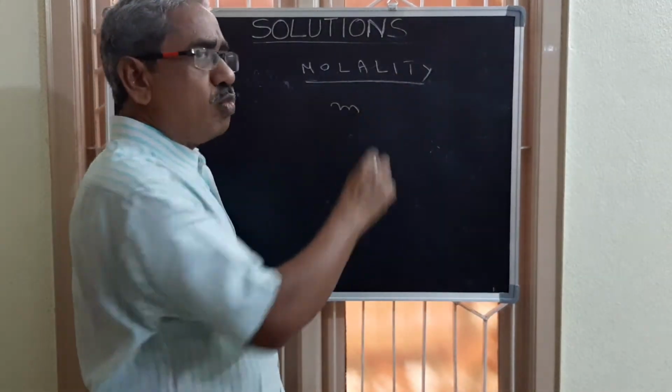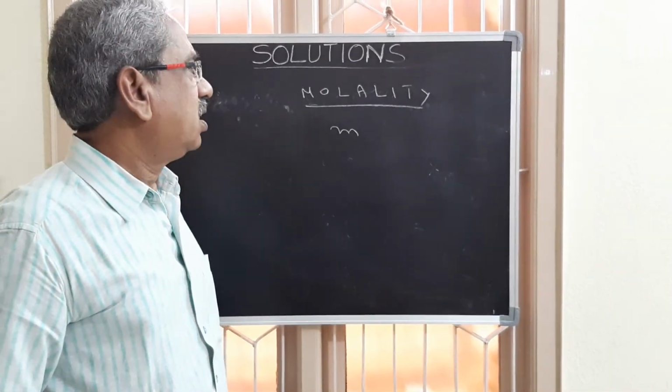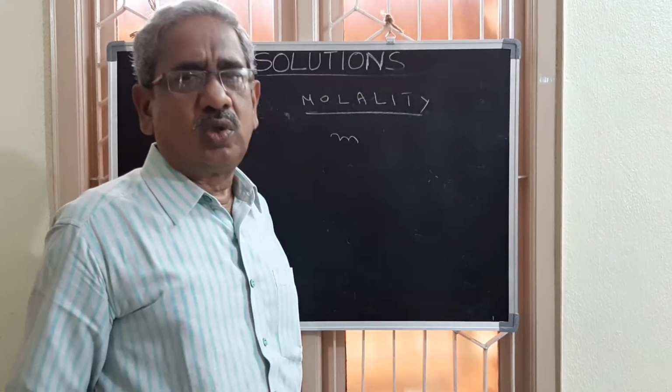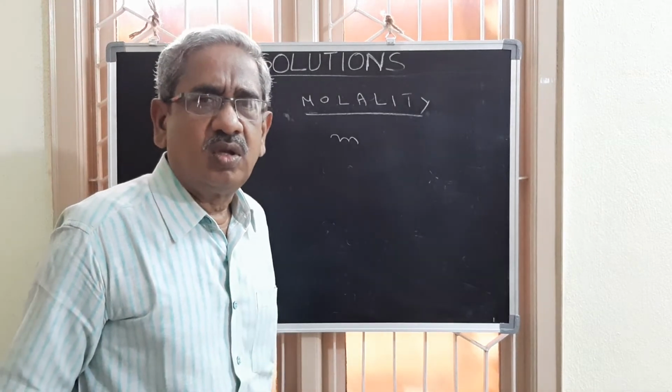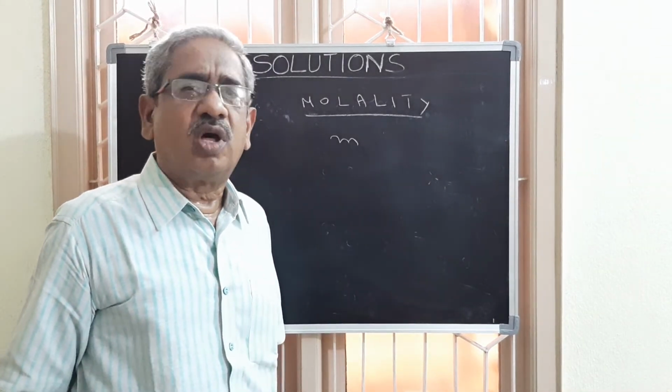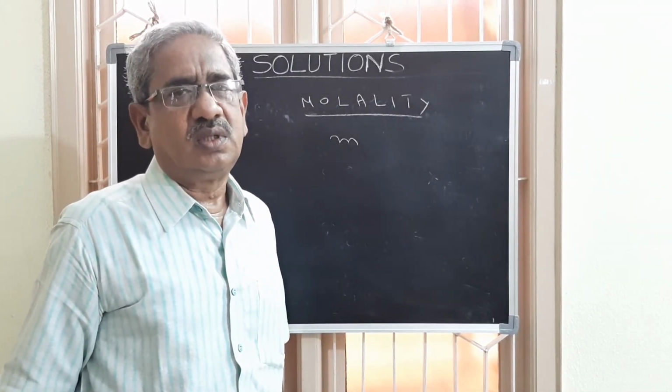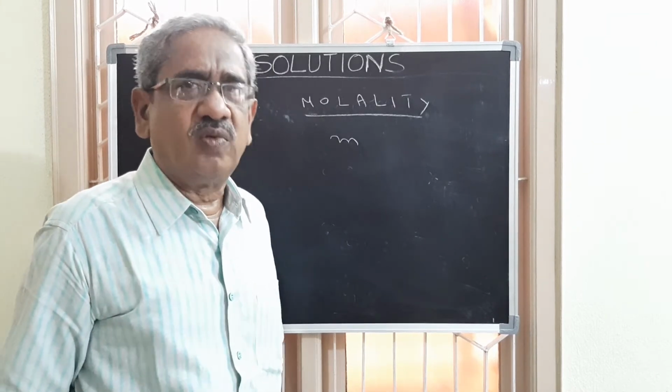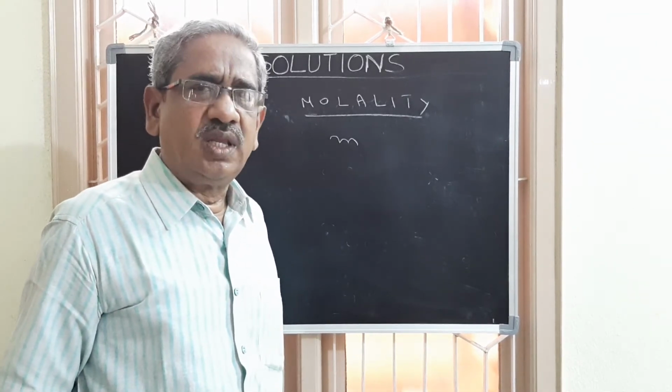The definition of molality is the number of moles of solute in 1000 grams of a solvent or 1 kg of a solvent.